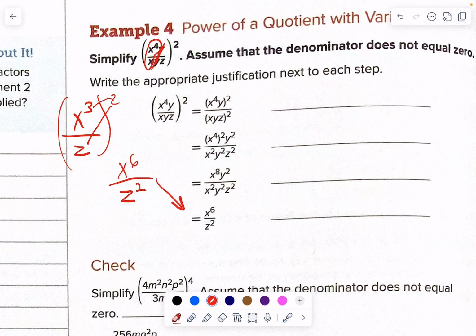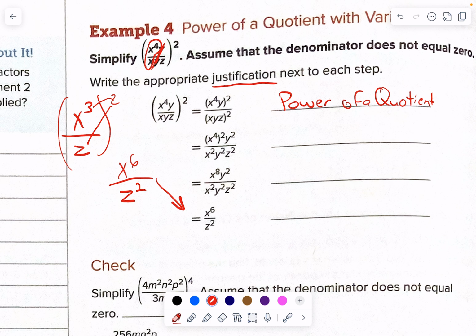Now on this example, they're asking us to use justification for each step. So basically, what property was used to get to the next step? So our first step is power of a quotient, because we have that fraction being taken to the second power. And then the second one is where we're actually taking power of a product.